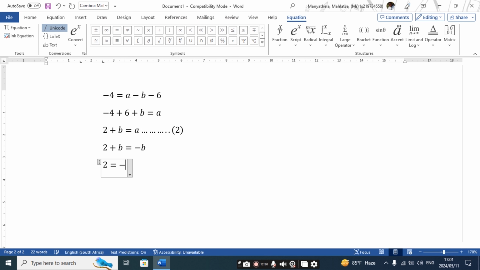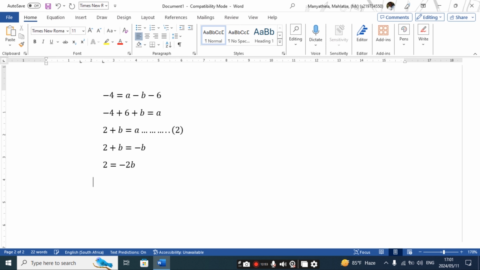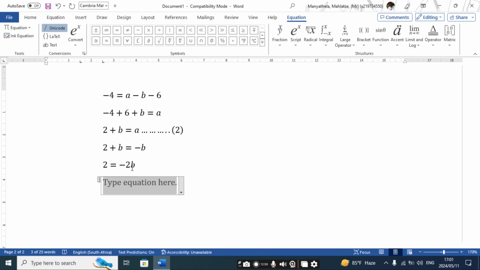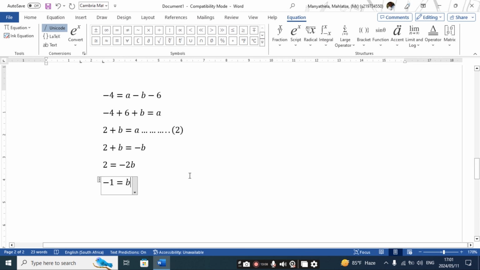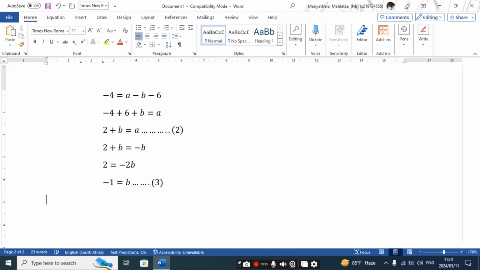I will have 2 is equal to minus b minus b, and that will give me minus 2b. Because I'm solving for b, I will divide both sides by -2. So -1 equal to b. Let this be my third and last equation.